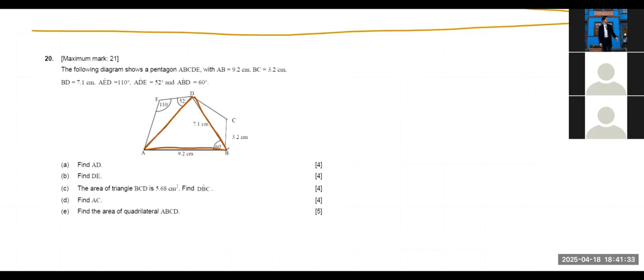Which case of what rule do you guys see here if I'm talking about finding AD? The cosine rule. Exactly, because you have the scissor thing happening, two sides and an angle between them. So we can set up the formula like this. AD squared equals 9.2 squared plus 7.1 squared minus 2 times 9.2 times 7.1 times cosine of the angle between them.